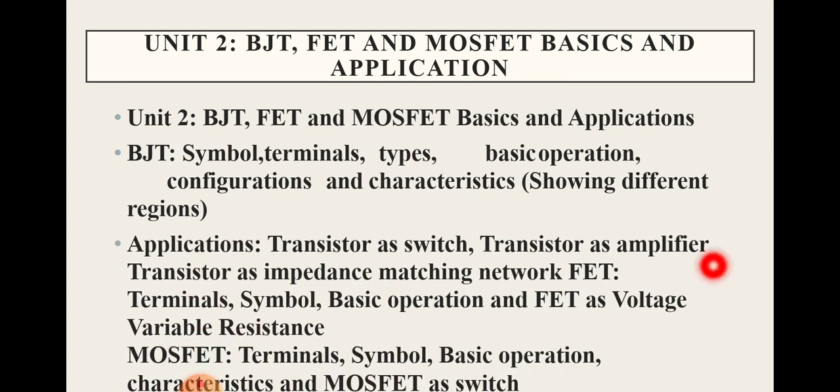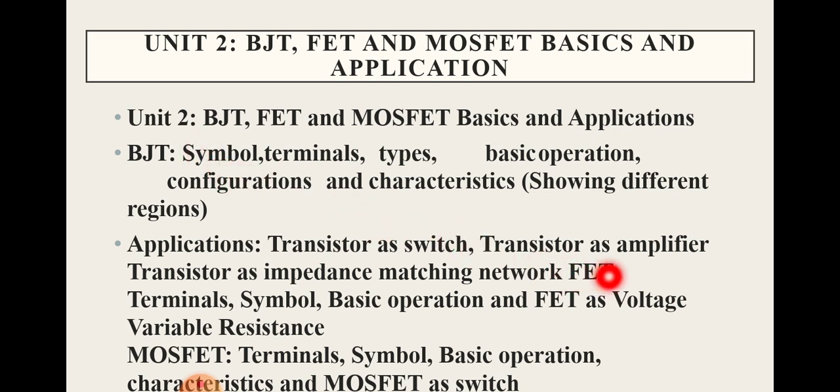Now in the next topic we are going to study the application of this BJT, where it is used in day-to-day life. It can be used as an amplifier, it can be used as a switch, it can be used as an impedance matching network. Those are all applications of BJT.